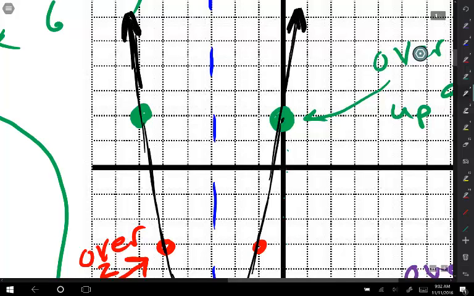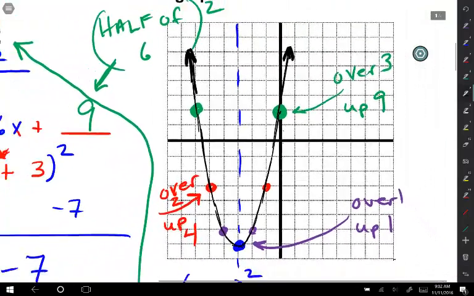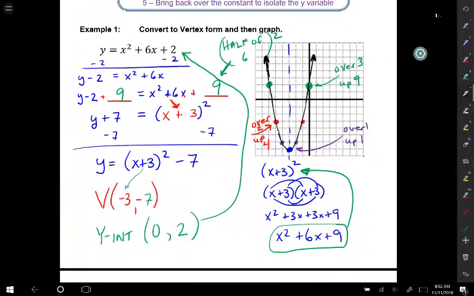Do you see how my arrows are really not that much further over? They're just in the next block. So our parabola is not tailing out wildly. It's staying very, very narrow. So the shape of our parabola is still the 1, 1, 2, 4, 3, 9. Same shape as yesterday. And then we're done.